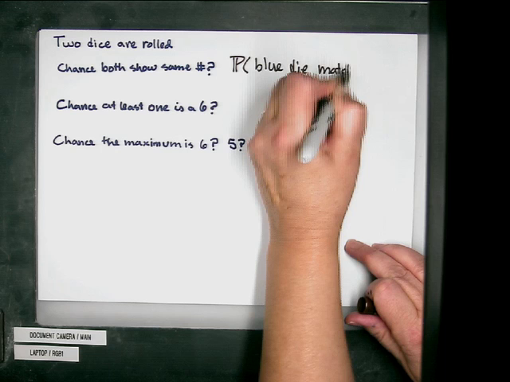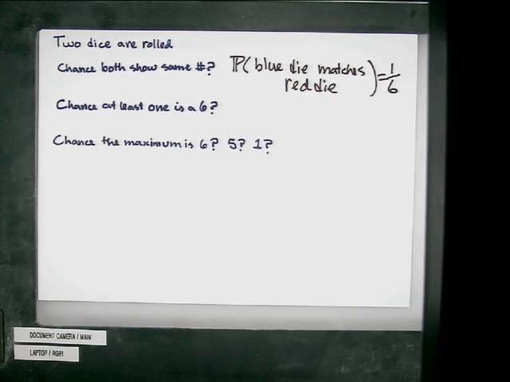How about the next one? The chance that at least one of the two dice lands 6. Did anybody get this? You? No? Yes?